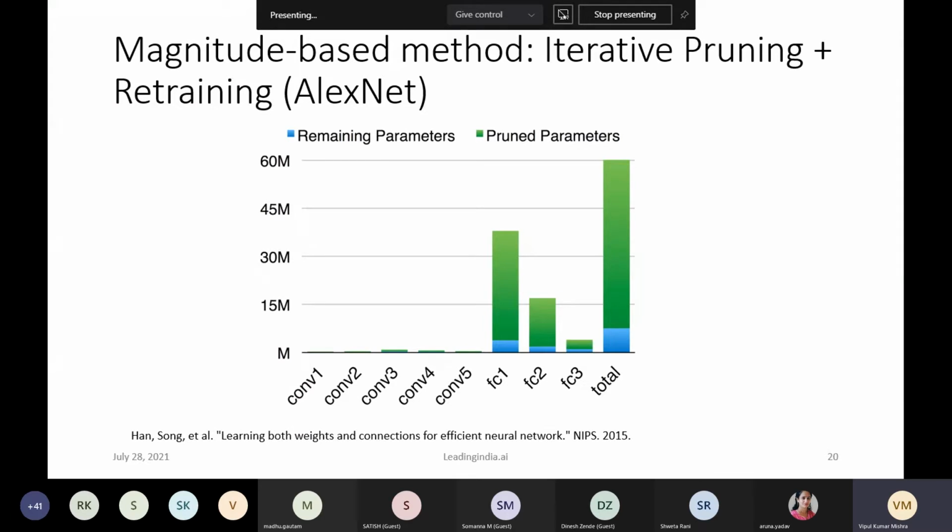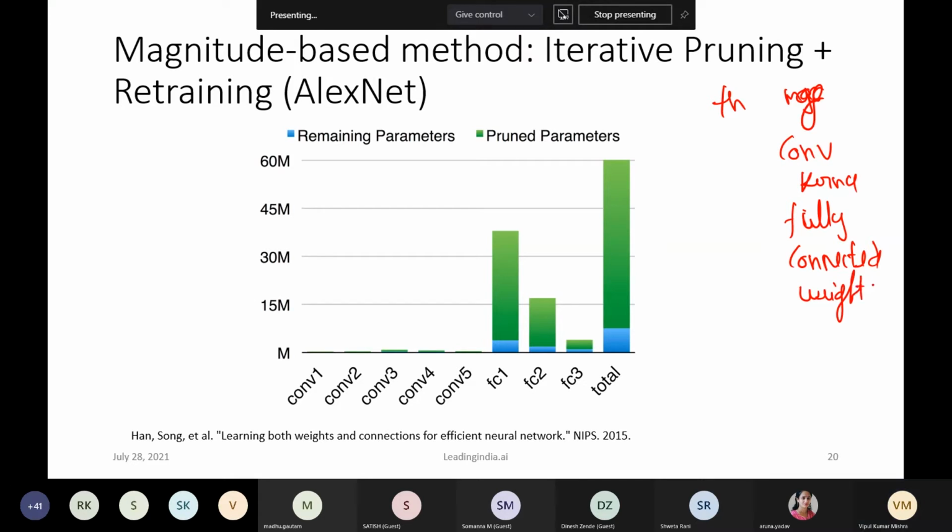The very first method, published in 2015, was the magnitude based method. As I told you, here we have a threshold, and that is compared with the magnitude of the convolution kernel, the fully connected layer node value, and the fully connected weight value, right?